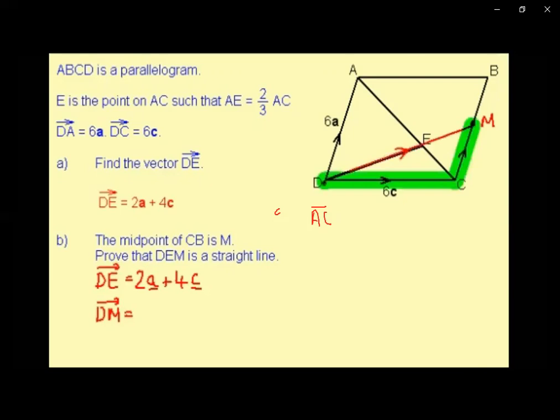I also know that M is the midpoint, so this must be 3 vector A. Now vector DM is vector DC plus vector CM. I know that vector DC is 6 vector C, and I know that vector CM is 3 vector A.